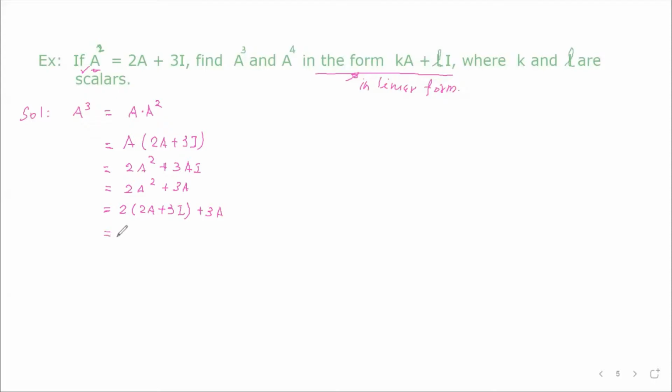So when we simplify, this one is going to be 4A plus 2 times 3I, the property we just saw from the previous example. So 2 times 3 becomes 6I, and plus 3A. Then we simplify and get 7A plus 6I. So this is the answer for A cube, matrix A cube.